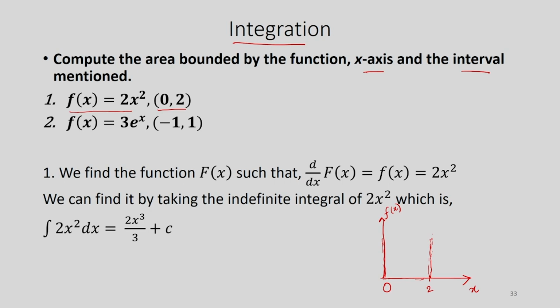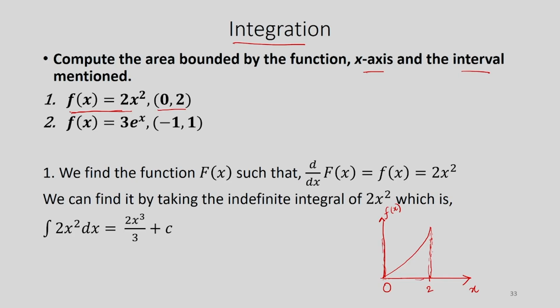So, what is bounding this required area from above is this function y is equal to f(x) is equal to 2x square. Now, how does this function look like, 2x square? It is going to be something like this, right. It is going to be increasing because as x is rising, this f(x) is rising, and you can see we have x square.